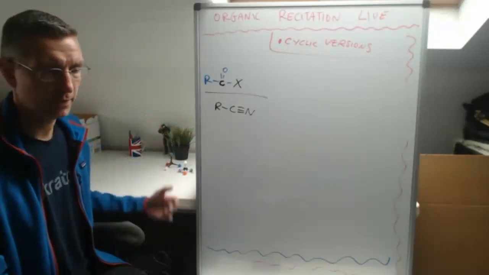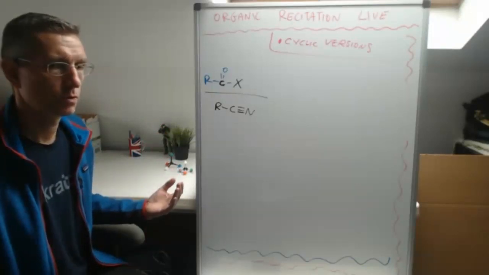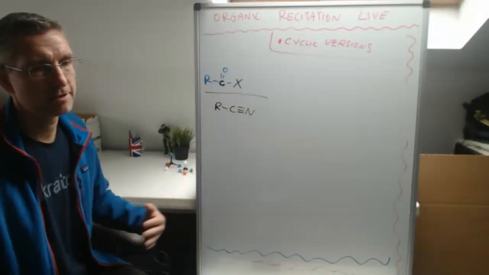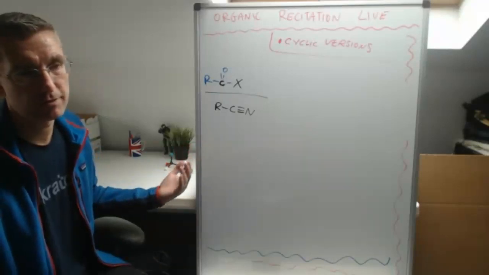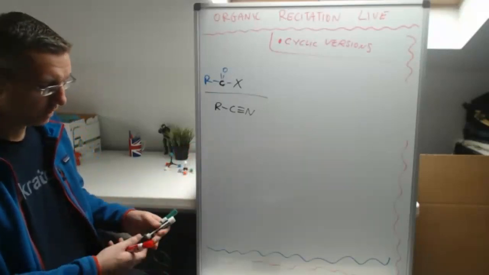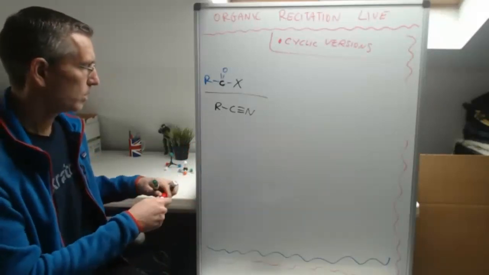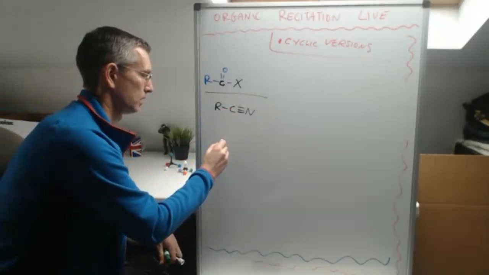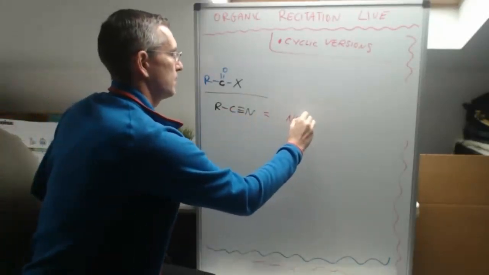But the thing that joins all of these functional groups together in chapter 21 is that their hydrolysis gives you a carboxylic acid, and nitrile fits that category. So this is called a nitrile.